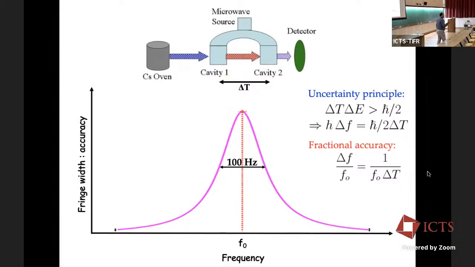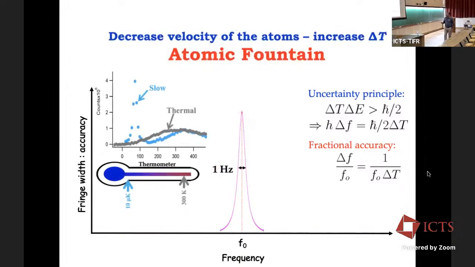And how can I increase this freely moving time? By laser cooling. This gray line is the Maxwell-Boltzmann distribution for any atomic beam. If you do laser cooling, you can create a lot of atoms at the lower velocity class.